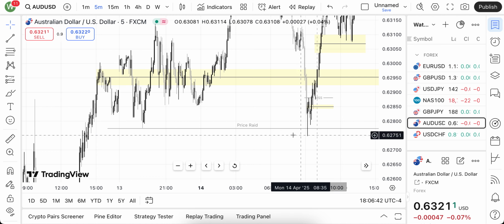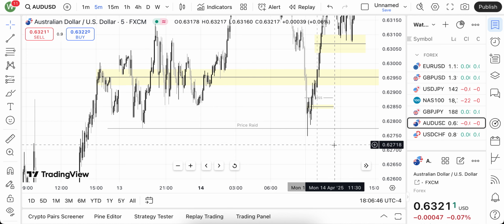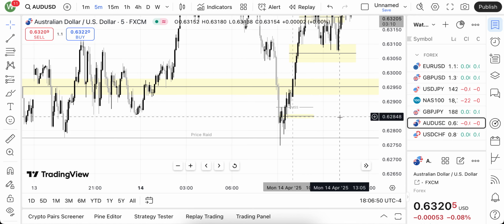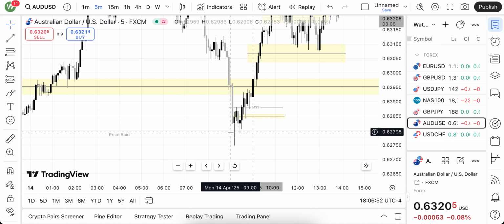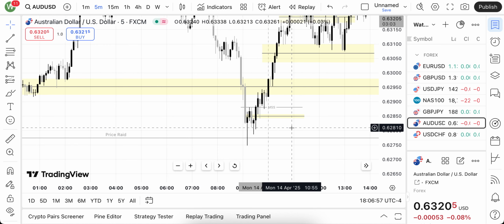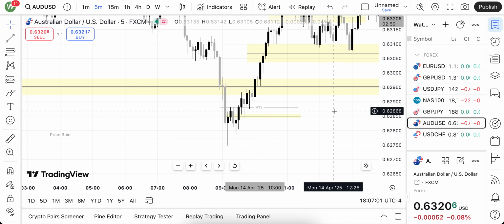This was clearly a raid, and once it did that, we expected the price to start to rally up. But again, we were not going to jump into the trade immediately, because we've been burnt several times. We're not looking for some kind of entry model to jump into this trade.